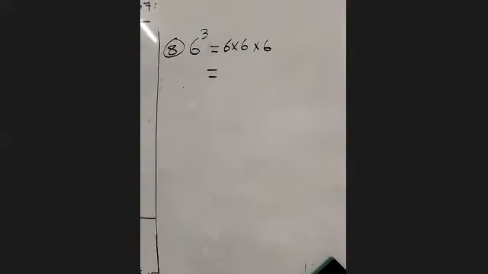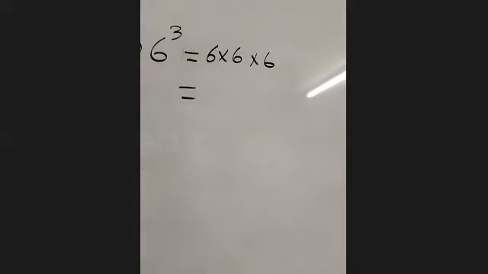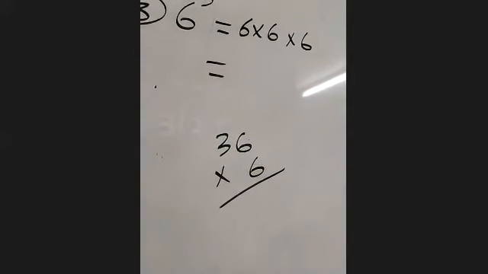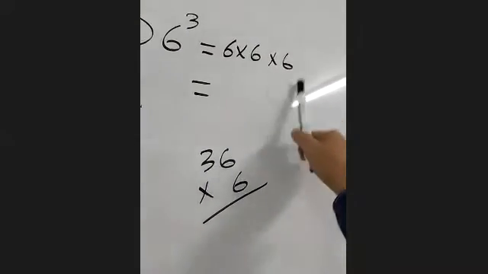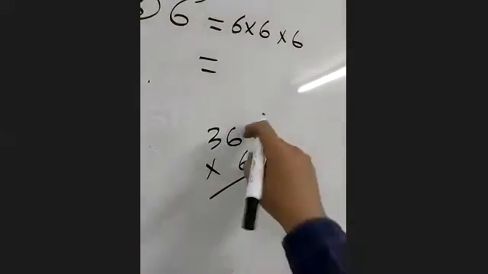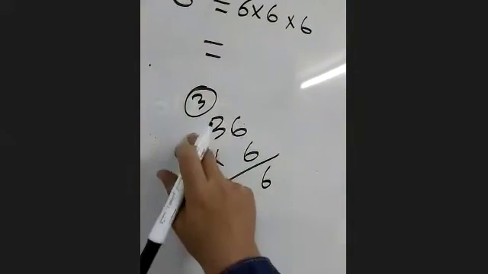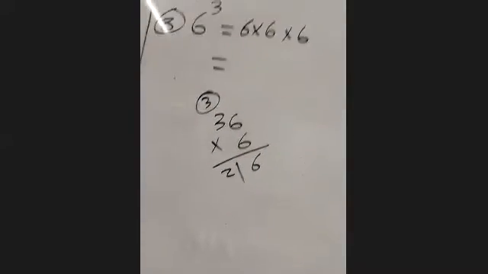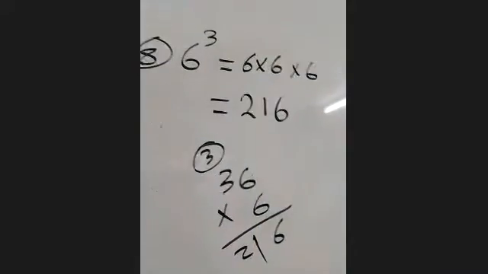Then if you multiply 36 by 6, let's check together. 6 by 6, 36, right, Yazid? Yes. 6 by 3, 18, plus 3, 21. So the answer is 216. Excellent boy. Thank you.